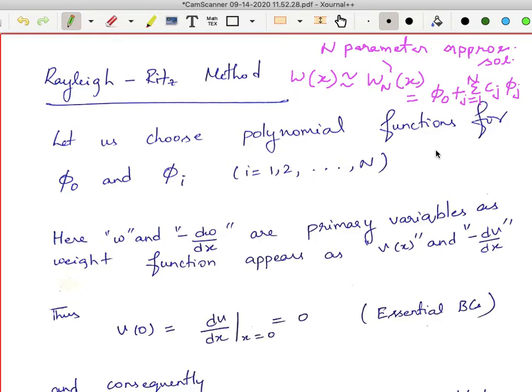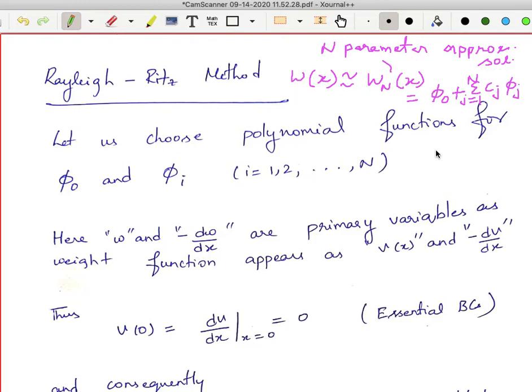It will be polynomial, because if you take a scale and try to deform it in some manner, whatever shape change occurs should be representable by some sort of polynomial functions. So polynomials are an appropriate choice for the beam bending problem. So here we will choose polynomial functions for phi naught and phi j.